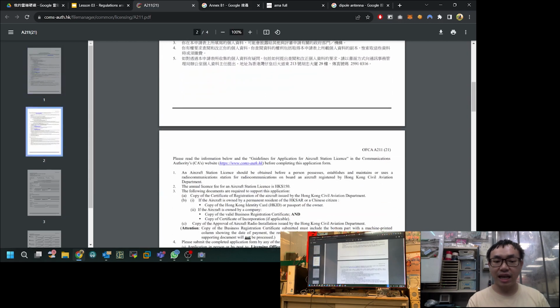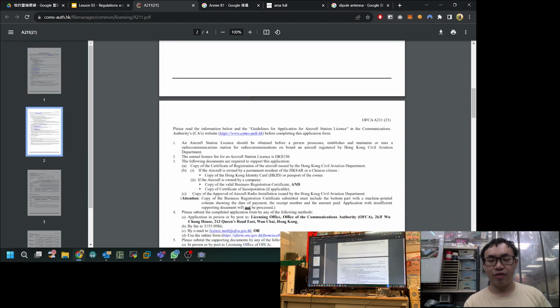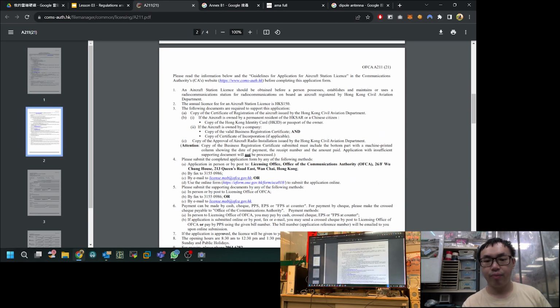So it is a different license if you are applying for the aircraft station license. For ham and amateur radio, we are not going to set up the radio station on aircraft, right? But if you are applying for the aircraft station license, you can do so, but you have to seek authority from the Hong Kong Civil Aviation Department. Okay.